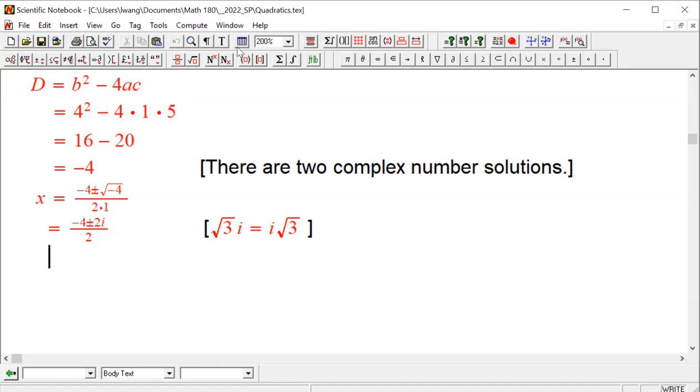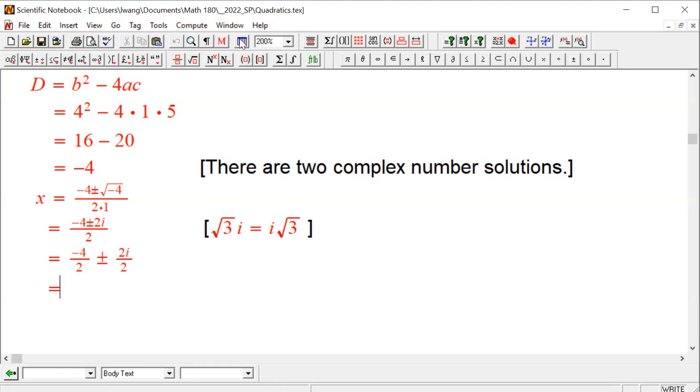And next, we're going to simplify. When we simplify this, we have to be very careful. We're taking the 2 in the denominator divided into -4 plus minus 2 times I. That's the operation.